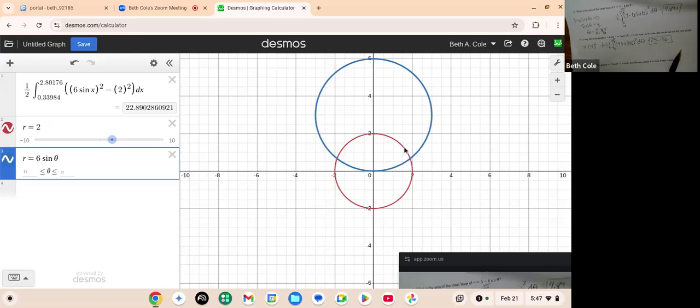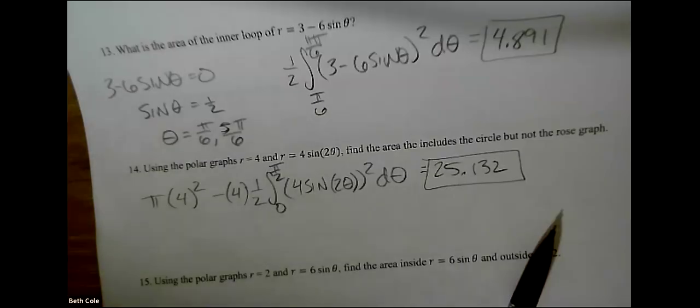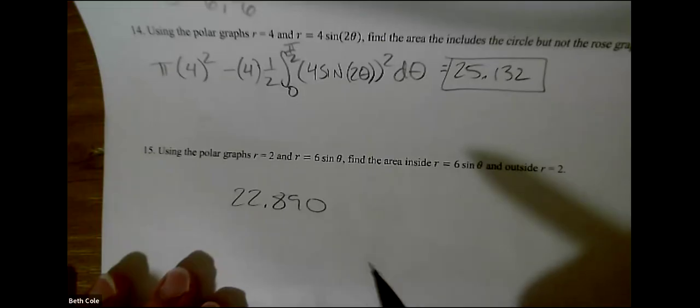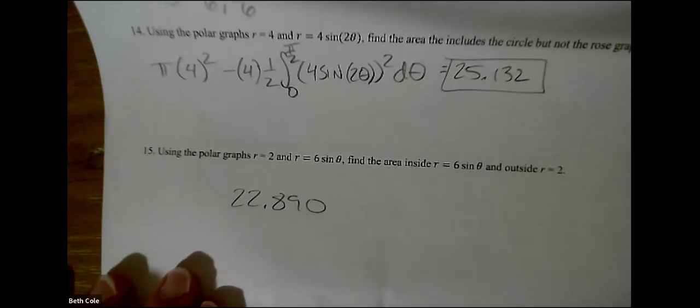I don't know what they are, and they're not on the unit circle, so that's why they're weird decimals. So from whatever this is to whatever this is, and it recolored the graphs. So this time it's the blue one minus the red one. We want this area right here. I didn't really have any kind of work for that. I did it all in the calculator.